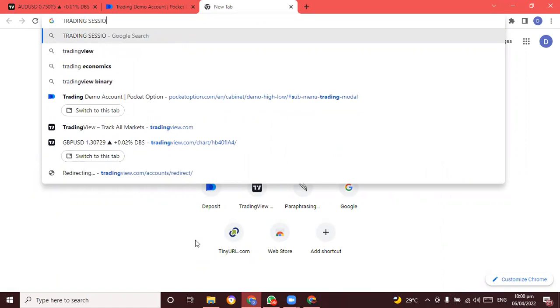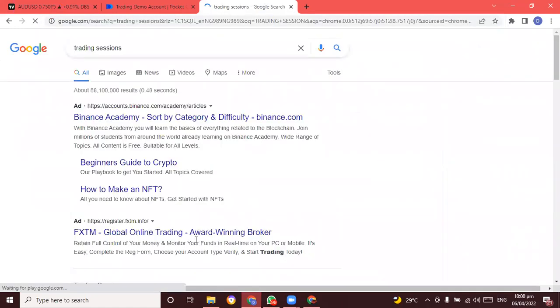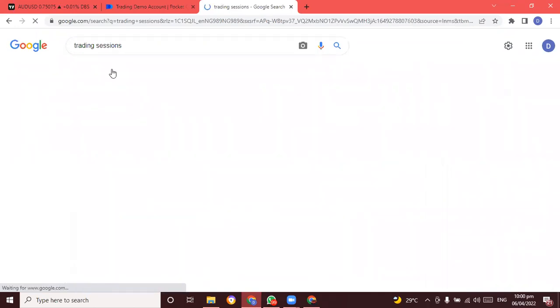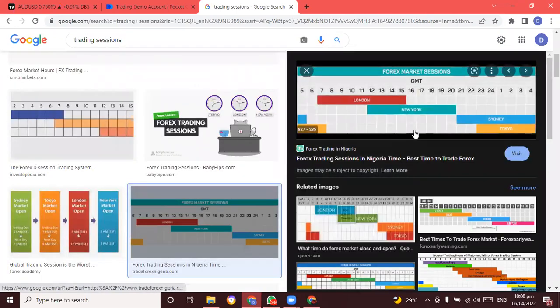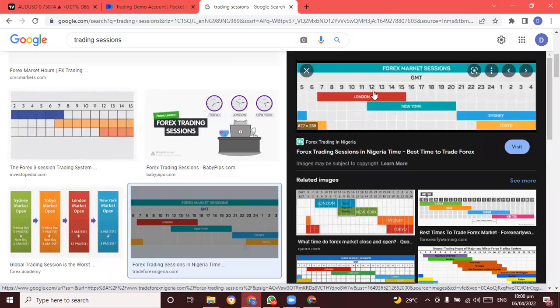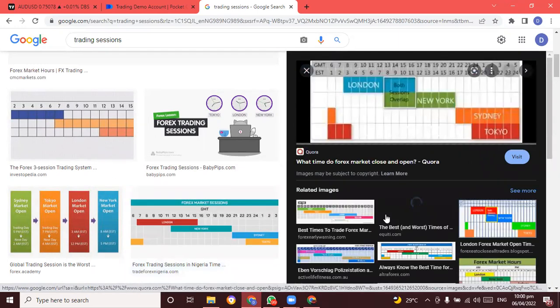session. There's a London session, New York session, Asian session, and Tokyo session. Look at it. Okay, I think this one shows it on our own time, on our GMT time. This one is not going GMT. Okay, look at it.